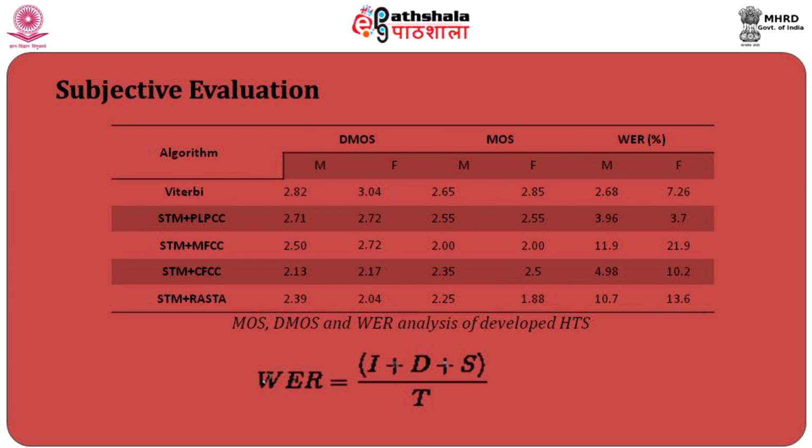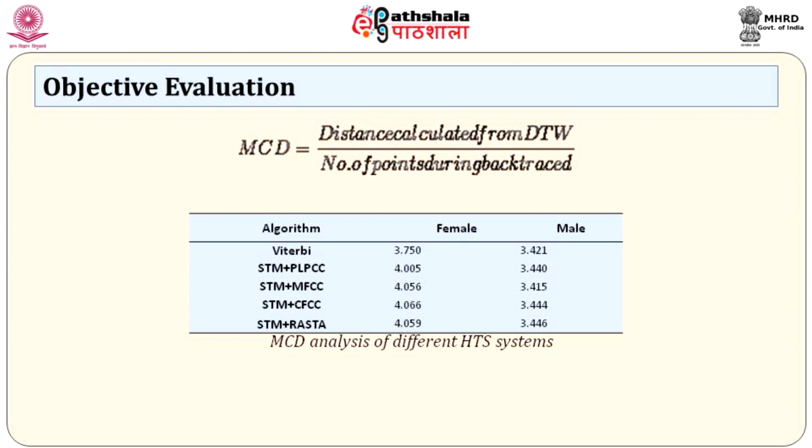Normalized DTW-based spectral distance is given by MCD equals the distance calculated from DTW divided by the number of points during backtracking, where the number of points during backtracking in DTW is used as a normalizing factor for the distance calculated.